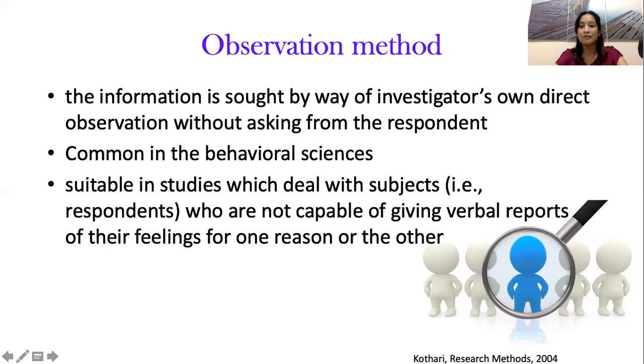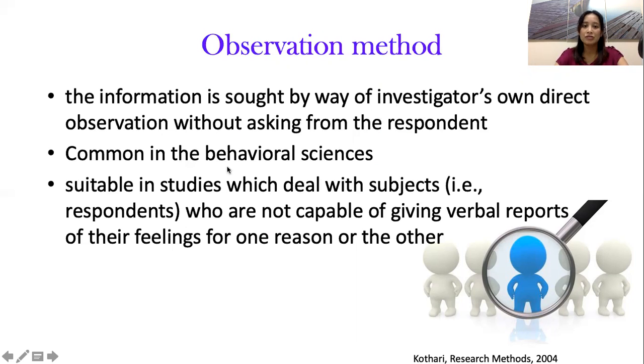asking from the respondent. But I have to put a caveat on this, because usually if you're going to do an observational study, you have to ask for an informed consent from the subject that you are going to observe.